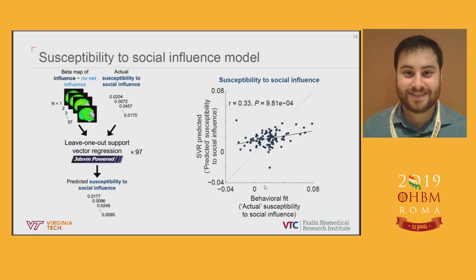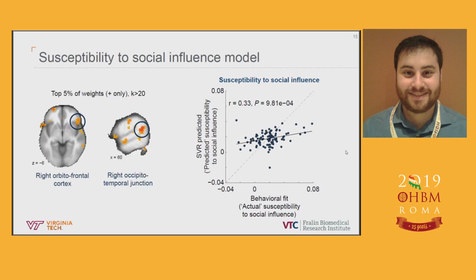What we see is that the true susceptibility to social influence, this OCU parameter, is significantly correlated with the susceptibility to social influence parameter as estimated by the support vector regression. Thus, again, there exists information in these beta maps about an individual's susceptibility to social influence.